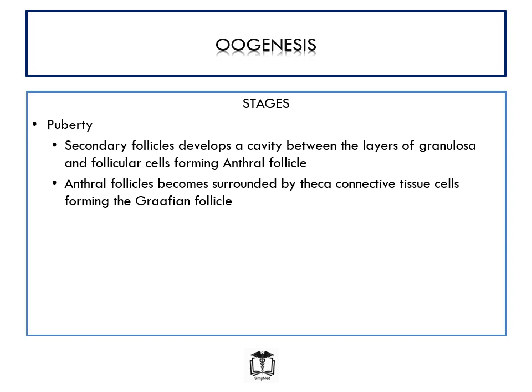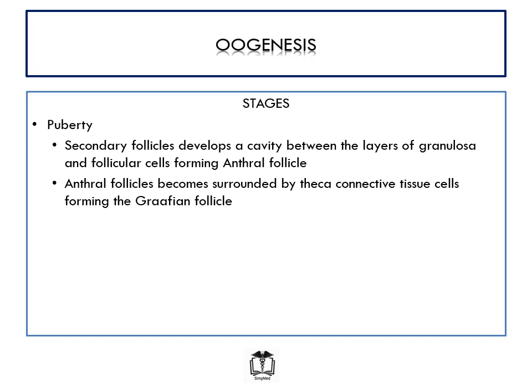So an antral follicle is a type of follicle that has the features of a secondary follicle, but a space forming within the center of the follicle, and that space is known as the antrum or the antral cavity. So the cavity forms between the layers of the granulosa and follicular cells, and once the antral follicle becomes obvious, it would further develop to form what we call a Graafian follicle. So the Graafian follicle is just an extension of the antral follicle.